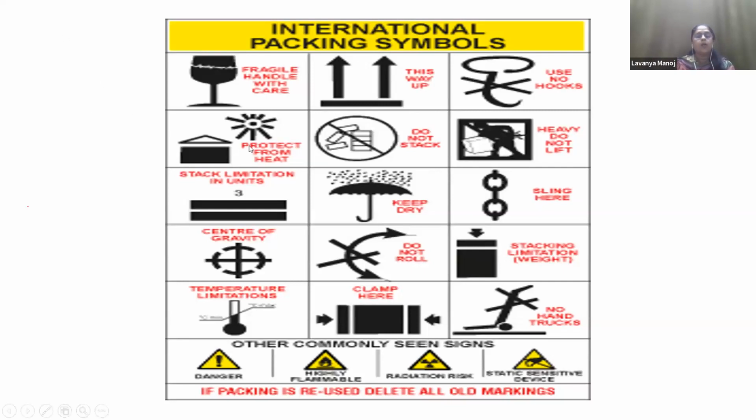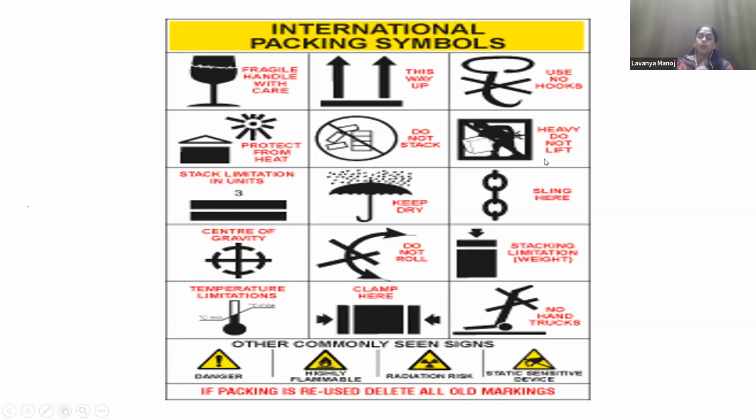And then, avoid heat, and do not stack. Don't stack the cartons one above the other, because of the weight the carton at the below level may get damaged. And if the product is very heavy, do not lift.